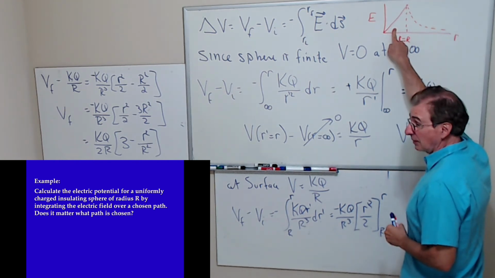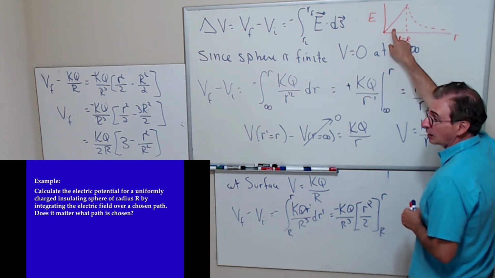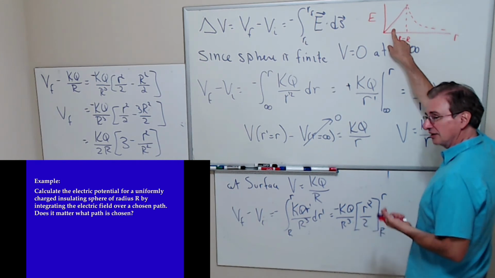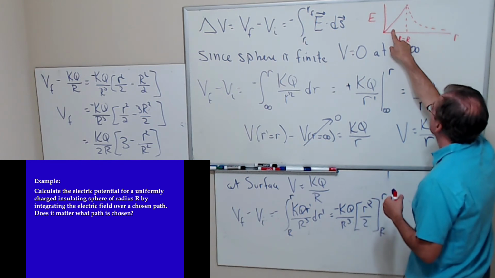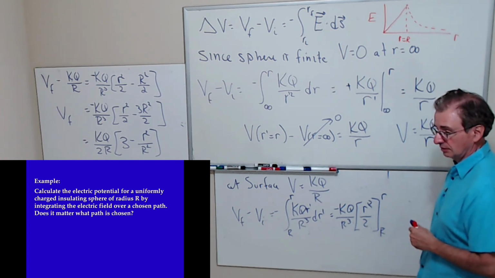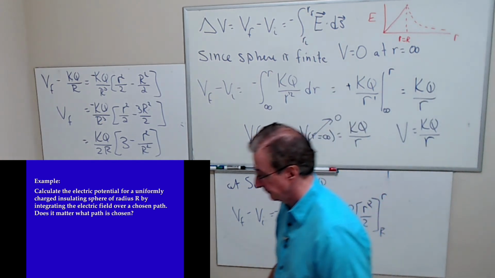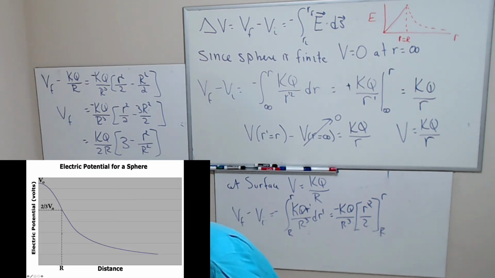So the electric potential is going to be 1 power higher if you integrate something that's linear, and that's going to give you a parabola, but upside down because of the minus sign. And this is going to be a 1 over r function. In fact, this is what the electric potential looks like when you plot it. And the electric potential has to be continuous across the surface.